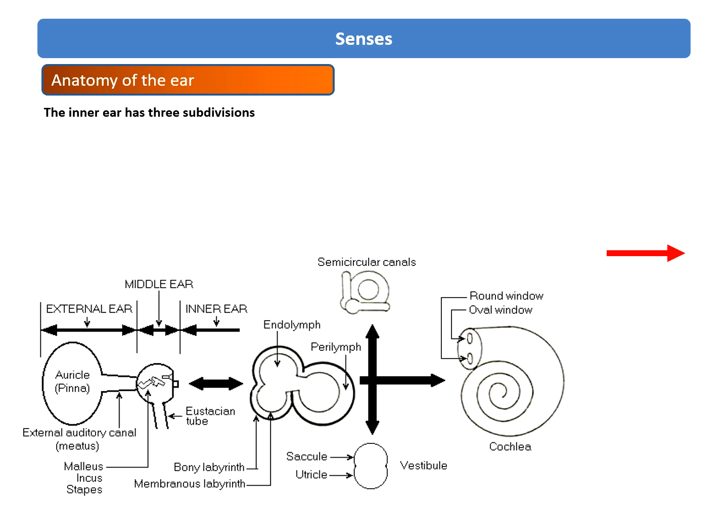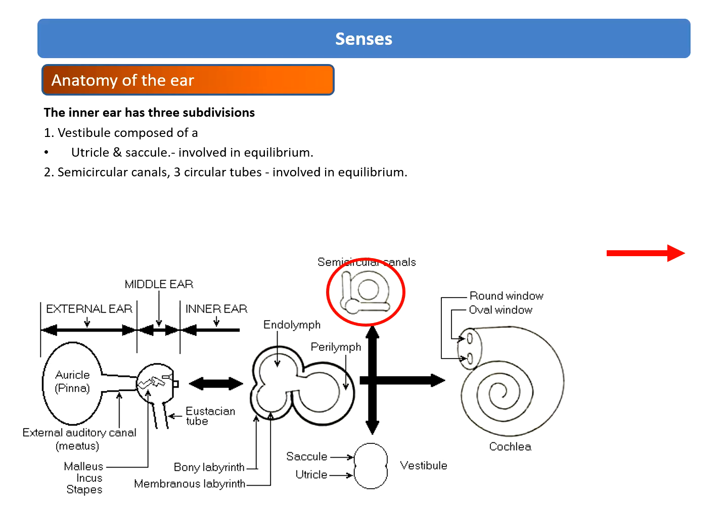The inner ear has three subdivisions. The vestibule, composed of a saccule and utricle. Semicircular canals, three circular canals arranged at right angles, involved in equilibrium. Both are supplied by the vestibular branch of the vestibulocochlear nerve. Now, you remember when we named the cranial nerves, we talked about the auditory nerve.